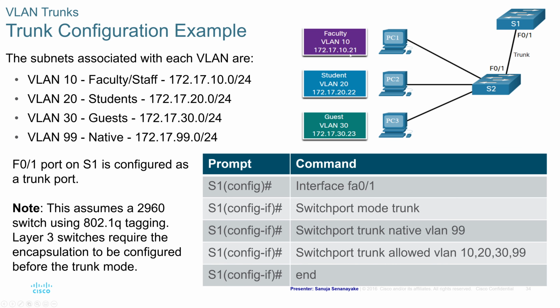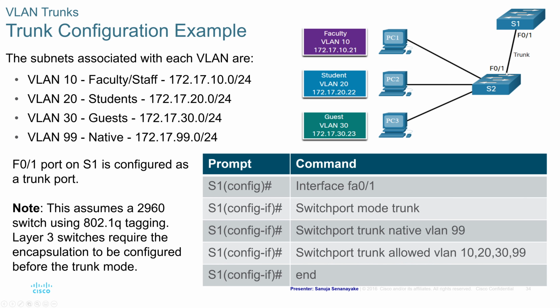That's how we have 10.21, 20.22, and 30.23. They are all connected to a single switch here, S2, and S2 is connected to S1. We have that information displayed right here, and the F0/1 port on switch 1 is configured as a trunk port.